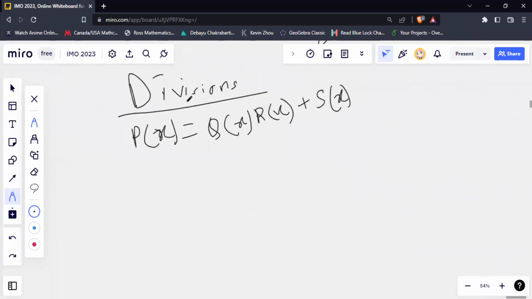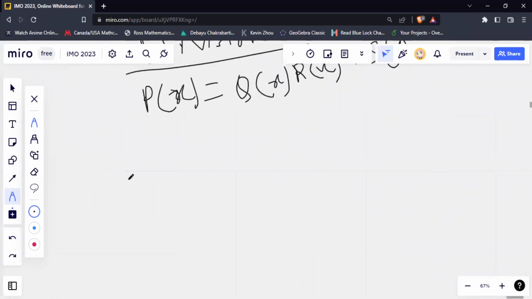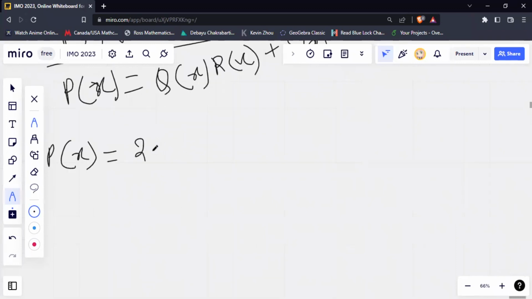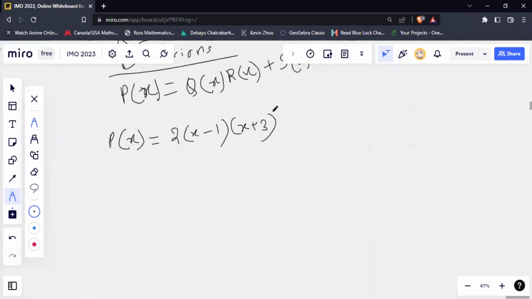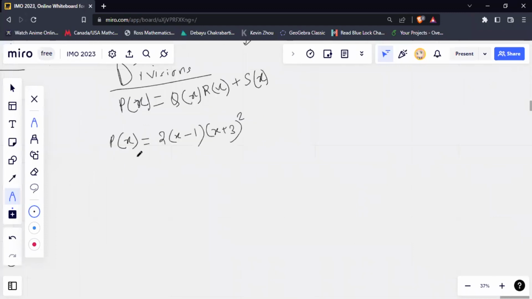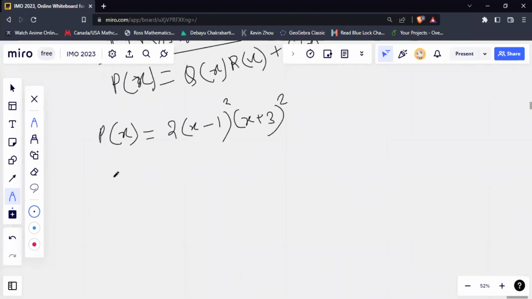Okay, let me define how GCD works in polynomials. Say you have two polynomials. And note that we are considering integer polynomials here.